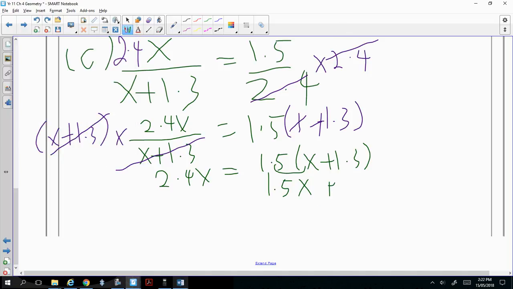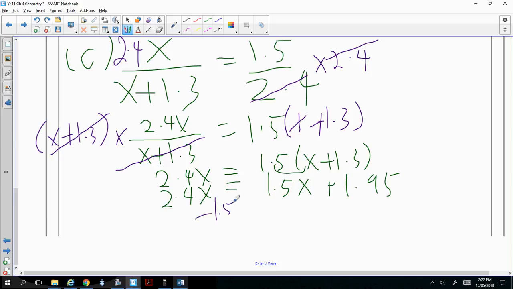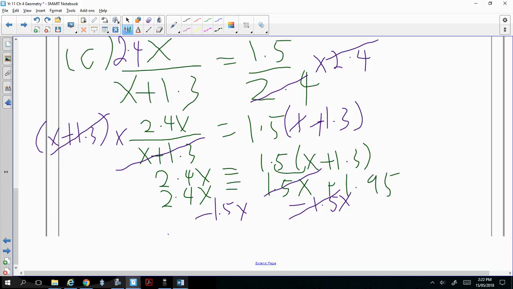So that would be 0.9x, isn't it? Equals 1.95. And then you're going to divide by 0.9. Would it work? Hopefully. 1.95 divided by 0.9. Maybe you get a decimal point. Let's see.